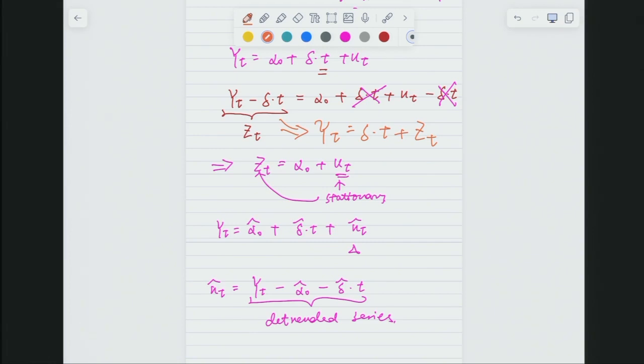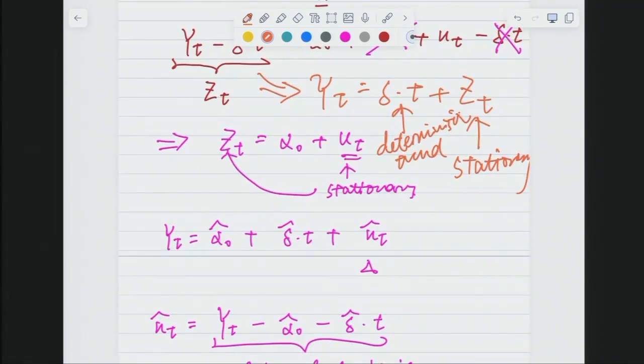So a deterministic trend series has two components, a stationary one and the one that's captured by the deterministic trend. Once we get rid of the trend component, the detrended series is stationary, okay?